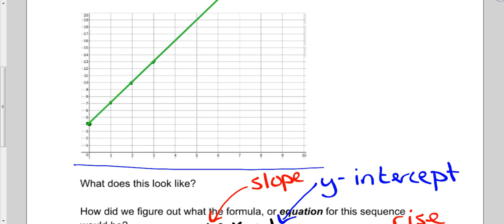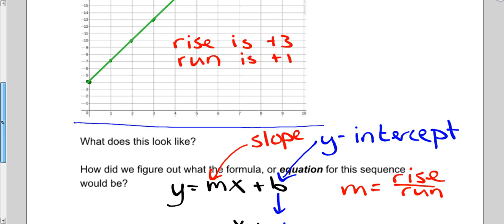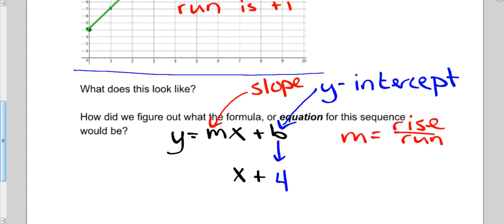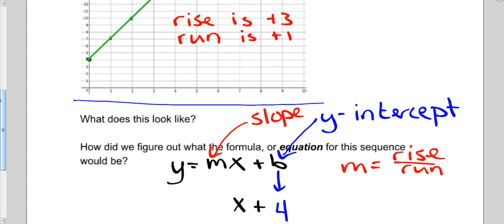So my rise is plus 3, and my run is plus 1. So to find my slope, let me not scroll down quite so much. My slope, m, equals plus 3 divided by plus 1.